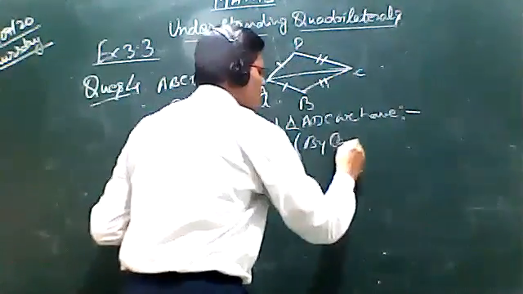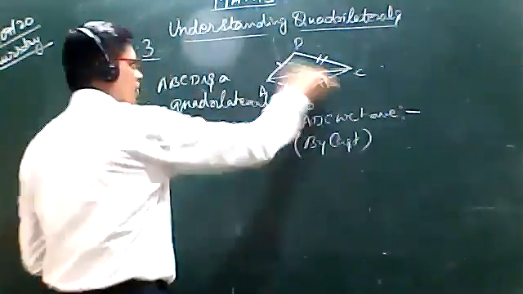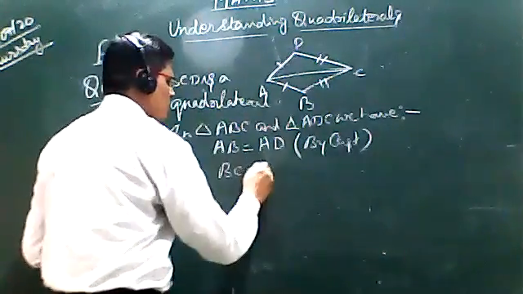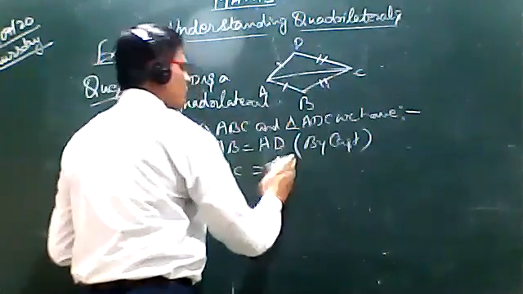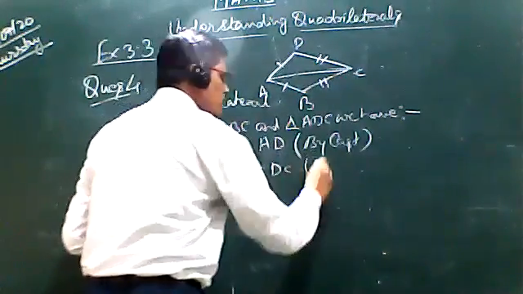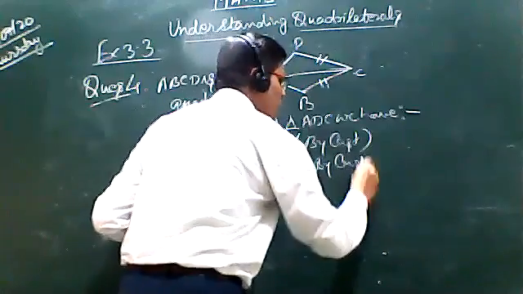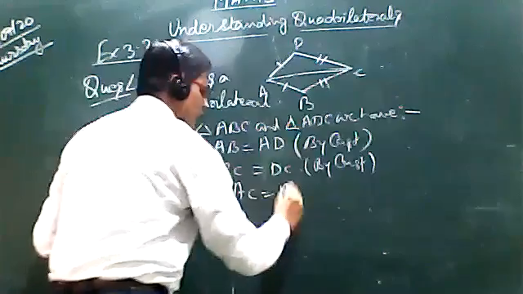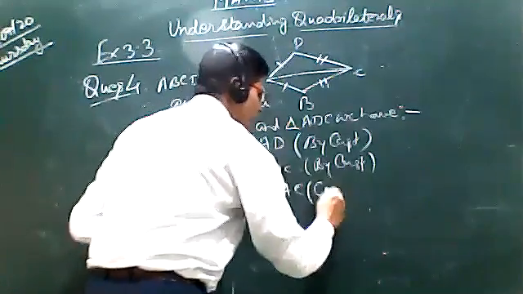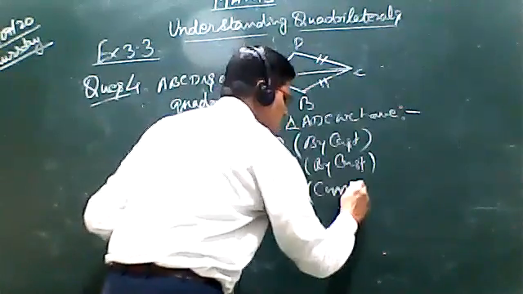Construction क्या है? And BC is equal to CD, also by construction. And side AC is equal to AC, and that is common in both the triangles.